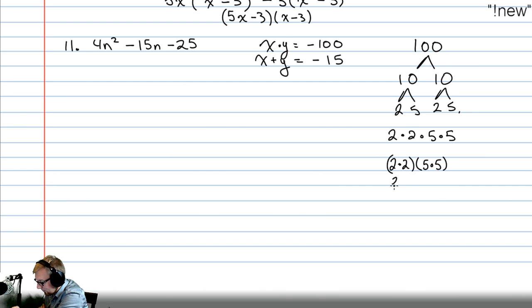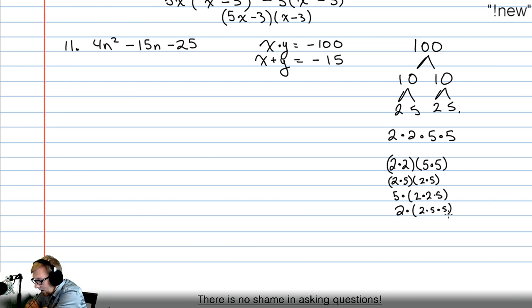You have 2 times 5 divided by 2 times 5. Another one. You have 5, 2 times 2 times 5. 2 with parentheses of 2 times 5. Okay. Good. Now, what are these?